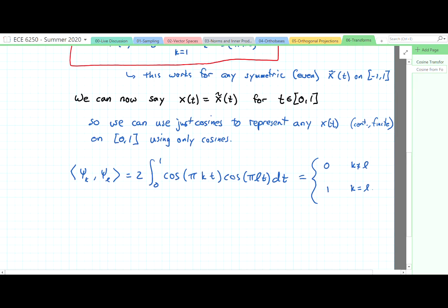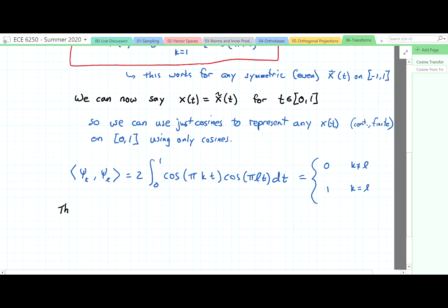So back to, let's just close the loop on how this is related to the Fourier series. Because we just got rid of the sine part of our Fourier series, and we're saying, well, that works too. Well, what's the difference?